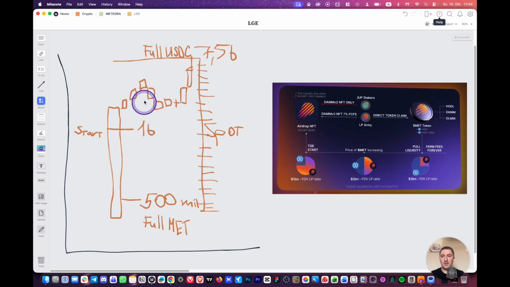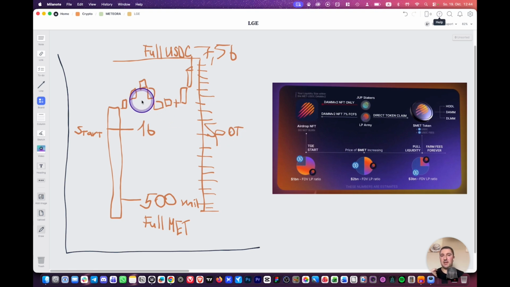The longer we stay in a certain range, the more fees you will get. So you can end up with a big amount of fees that will cover your impermanent loss, and then you can withdraw your position and have a much safer DLMM position as an option. So be aware of it.